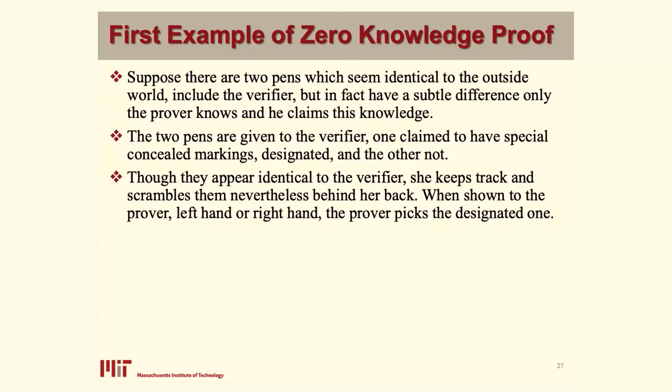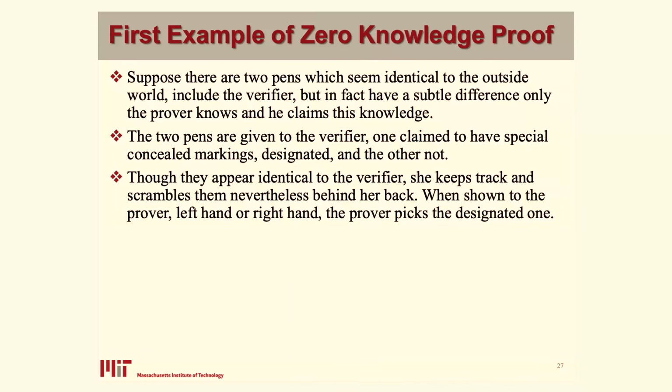The pens are given to the verifier. I'm sorry, I should have said the start of this is that the prover says, that's the special pen. And the verifier says, okay, I have to take your word for it. Then she changes the order or not in her hand, puts them out and shows them to the prover, and the prover picks. Then the verifier shows the pens, and it is the one that was previously designated.